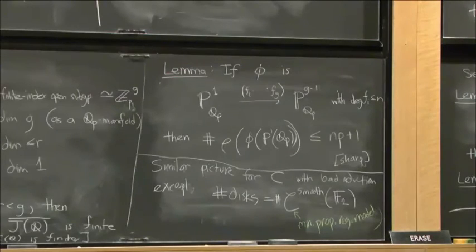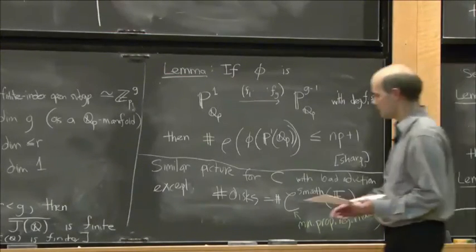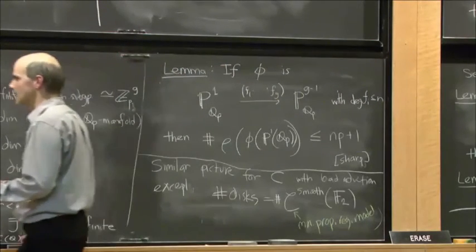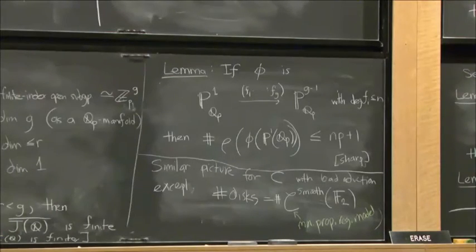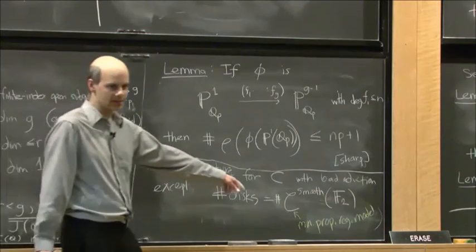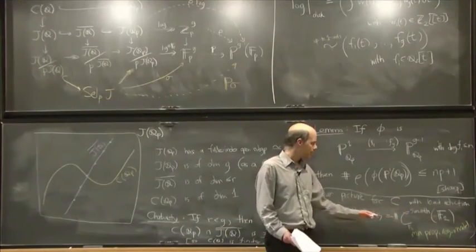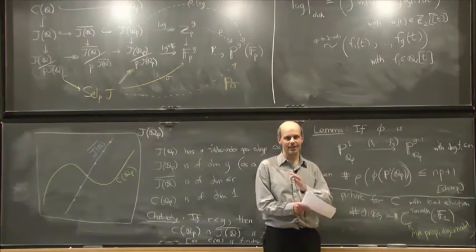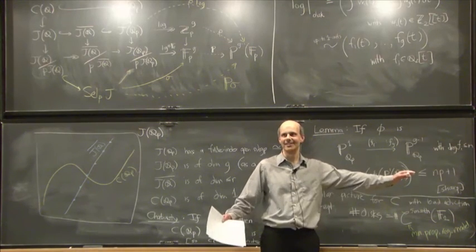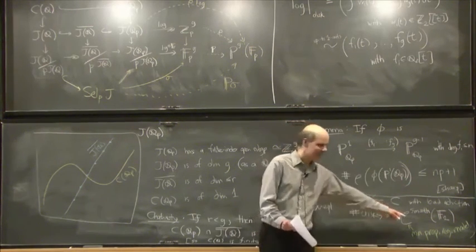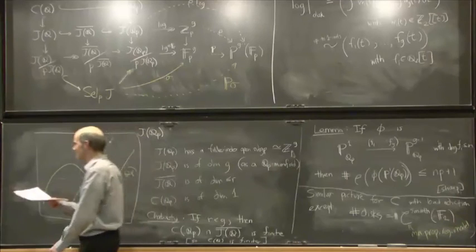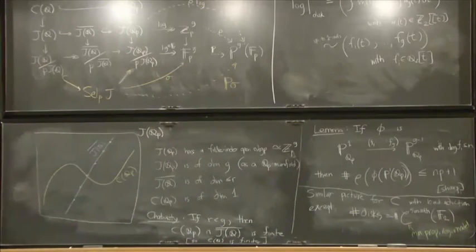The last thing I need to say is that you can't bound this uniformly, because it could be arbitrarily large, but luckily we only need to do it on average. So it's good enough if the average of this is small. Finally, we prove a theorem.